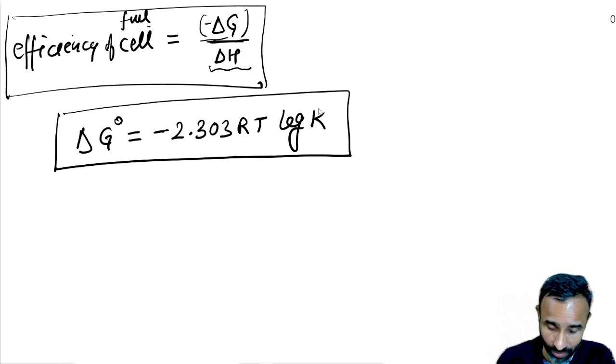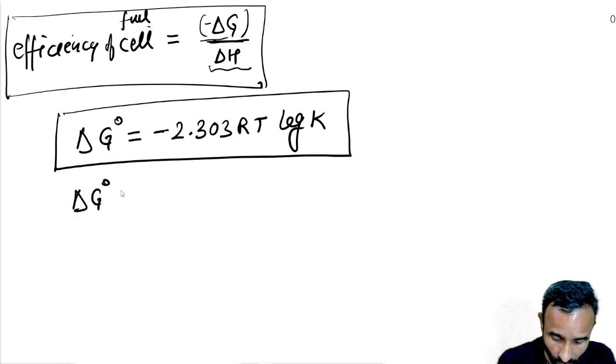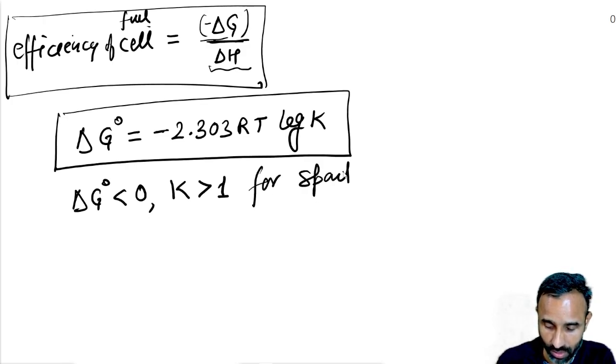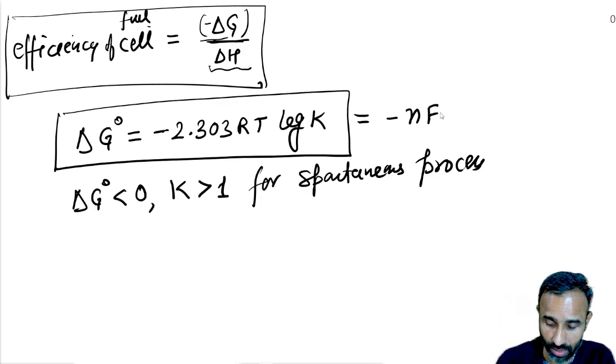So if delta G naught is less than 0, that means K should be greater than 1 for a spontaneous process, and at the same time it is equal to minus nFE naught cell.